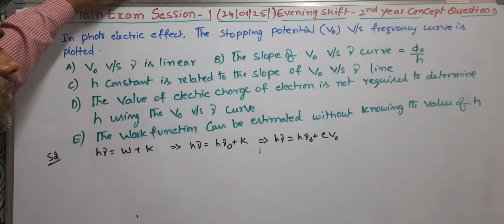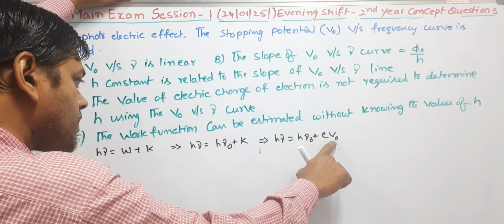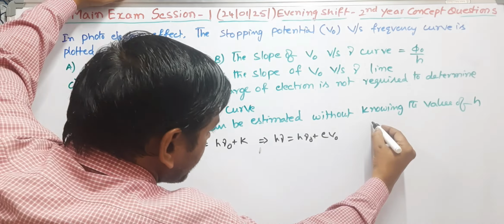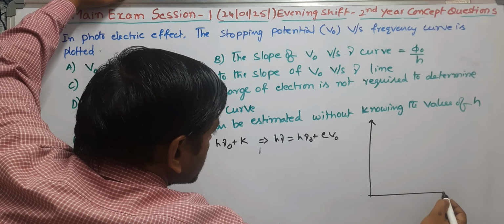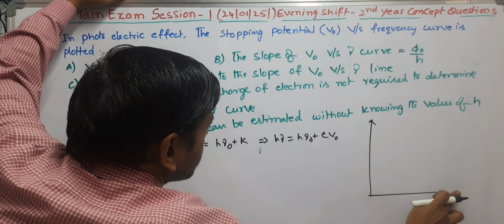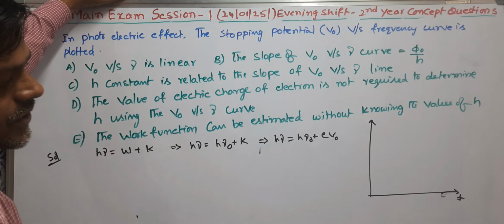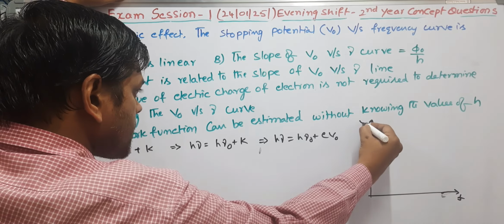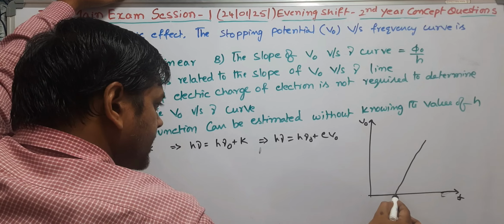Okay, so when you draw a graph between stopping potential and frequency, this is the frequency of incident radiation and this is the stopping potential. You should get a graph like this.